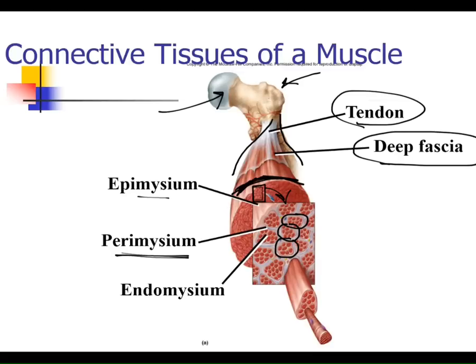So that means in this picture that this thing that's sticking out right there is a what? That's a fascicle, exactly. And that fascicle would be surrounded by perimysium. Now, if that fascicle is a bundle of muscle fibers, then what is sticking out right here? That's a muscle fiber, aka muscle cell.